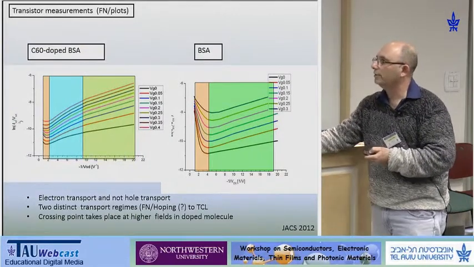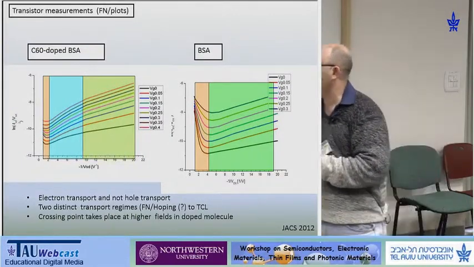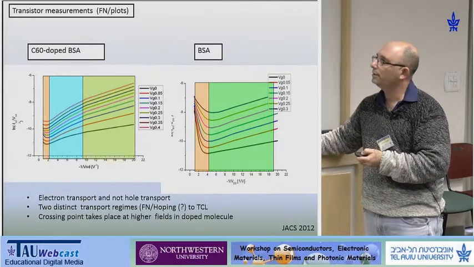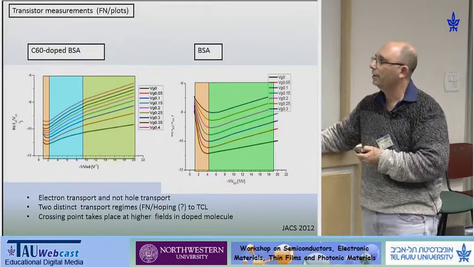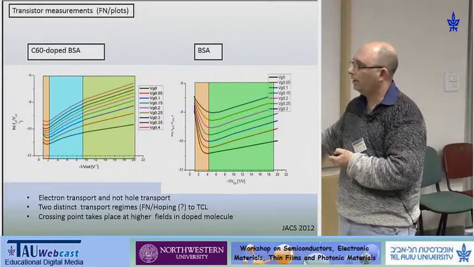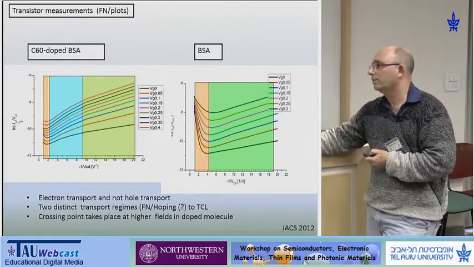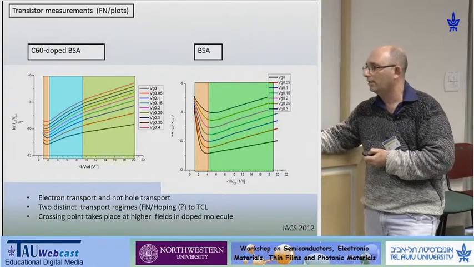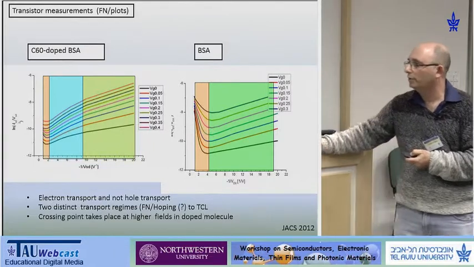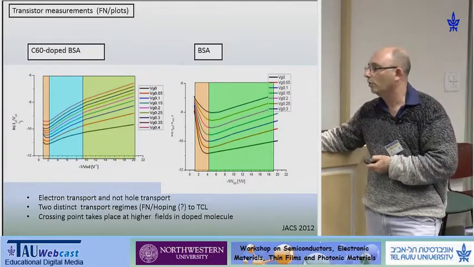So these are the results plotted in Fowler-Nordheim plots. You see that the C60 doped BSA and the undoped BSA show very different characteristics. And from these transistor curves and from other complementary measurements, we concluded that electron transport governs and not hole transport.